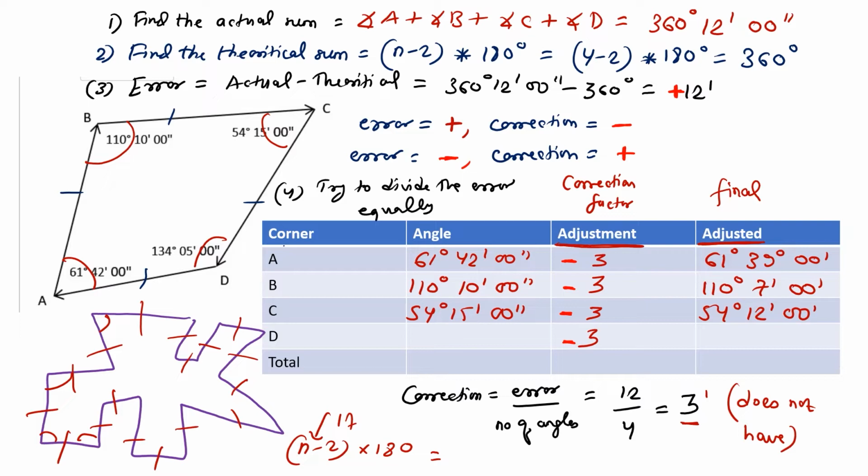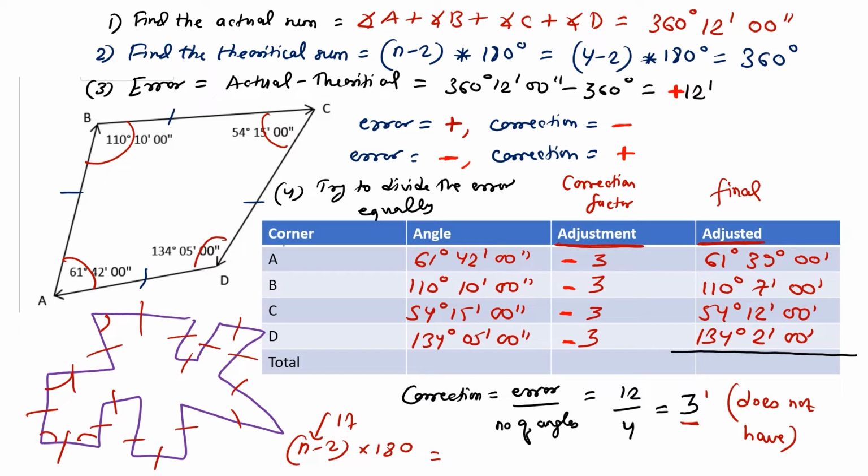And D is 134°05'00". Subtract 3 minutes, and that will give you 134°02'00".